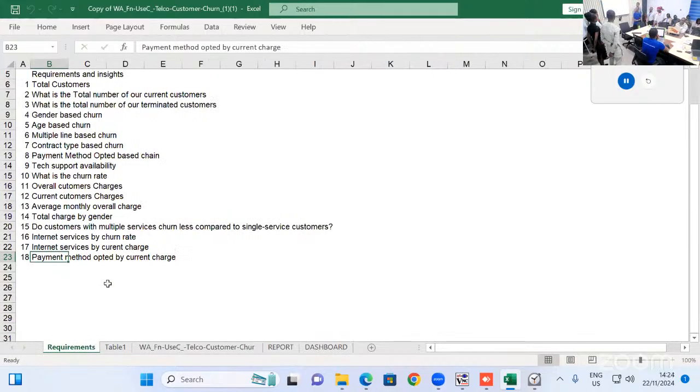From the requirements, the telecommunication network asks us to know the total number of customers that are current and the terminated ones. We are also going to check the gender-based churn, age-based churn, multiple line-based churn, contracts. You can see them up to number 18. And so we used the pivot table to analyze and get our dashboard. My fellow colleague will take us through that.